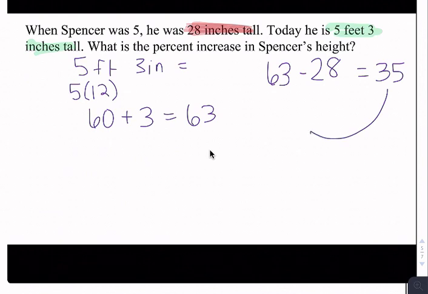So then step 2, we take 35, which is our difference, over the original, which is 28.